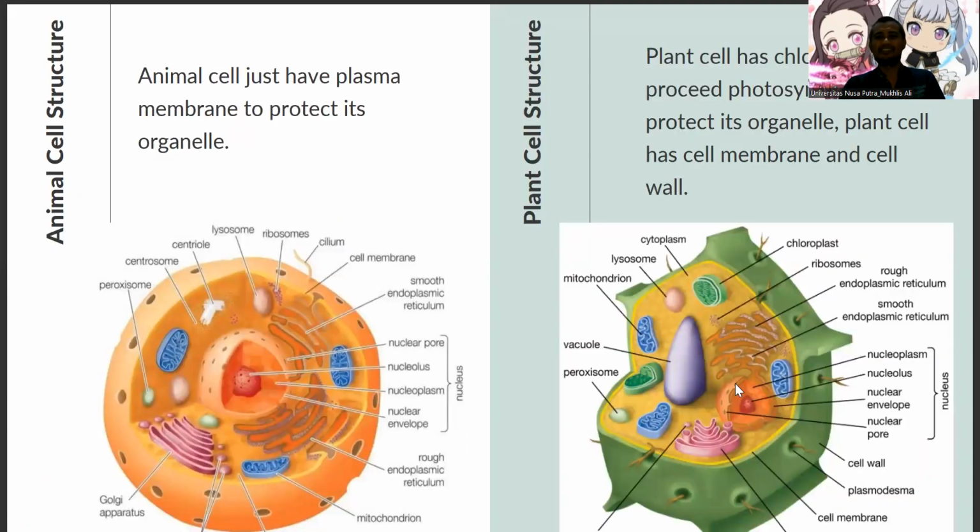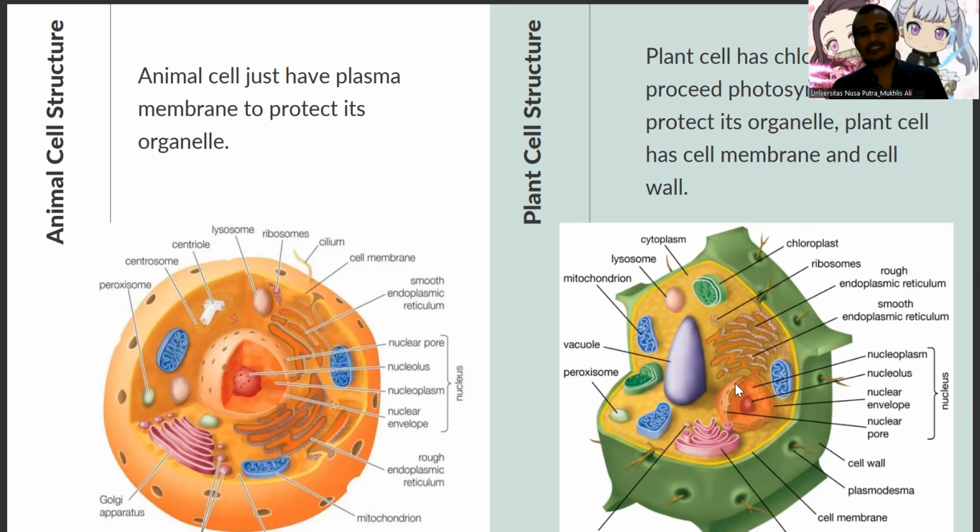Okay, next one. This is the difference between animal cell and plant cell. The animal cell just has a plasma membrane to protect its organelles. So it is more flexible, but its membrane is thinner than a plant cell.